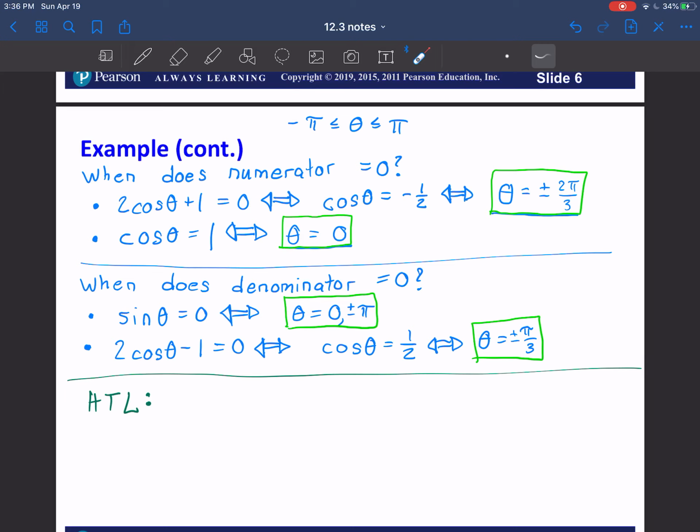You'll notice that the denominator is not equal to 0 at plus or minus 2 pi over 3, but it is equal to 0 at 0. Notice that the numerator and denominator are both equal to 0 at theta equals 0, so we will discuss what happens there in a second. But we do know that a horizontal tangent line will occur at theta equals 2 pi over 3 and negative 2 pi over 3.